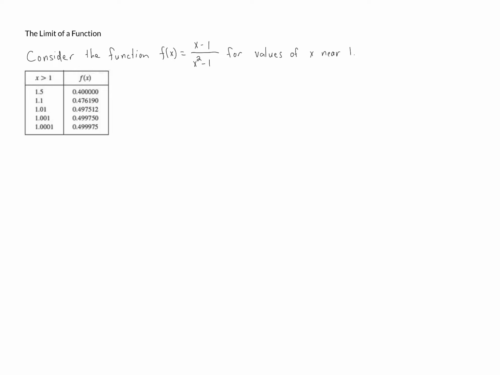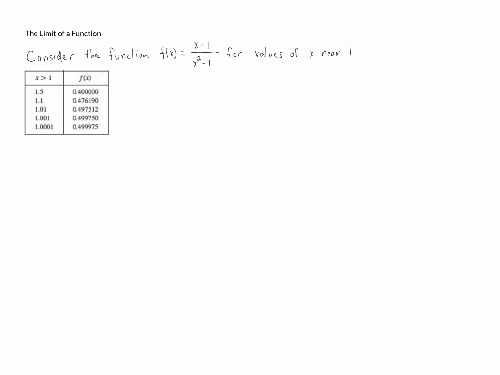We're getting numbers that are growing, 0.476190, 0.497512, etc. I don't want to say all of these numbers and have some poor person transcribing them somewhere on the internet. Thank you, whoever is transcribing this video and all of them. But the basic point is that these numbers happen to be growing, and we can see that they're getting closer and closer to 0.5. Now, these are values of x that are greater than 1.